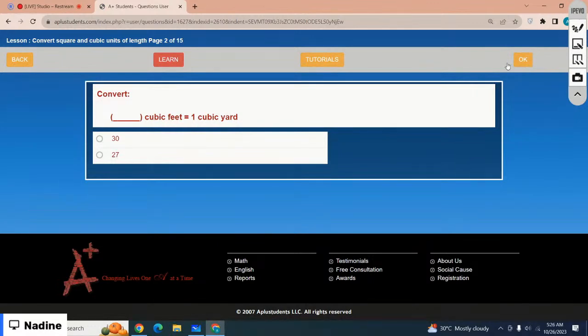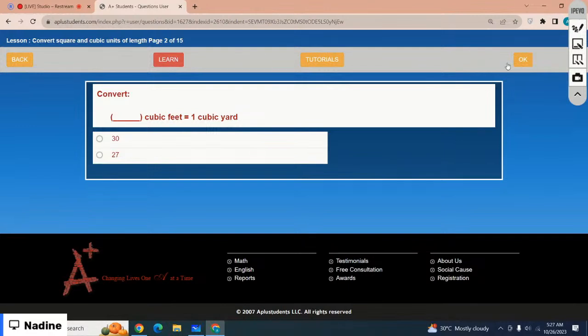Which is the correct option? The correct option is that would be 27.